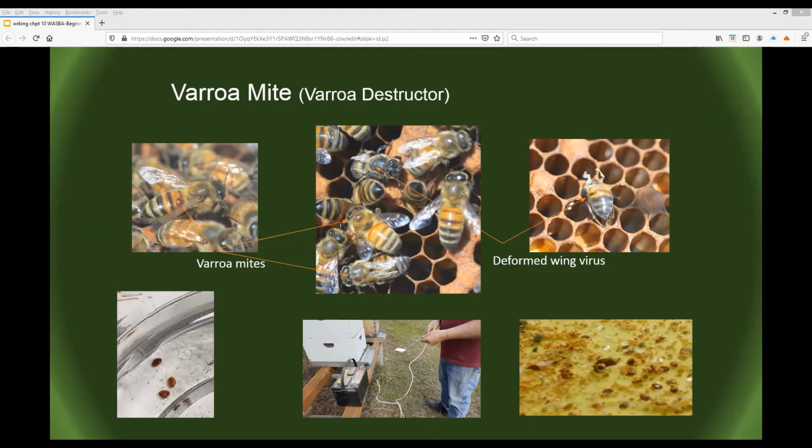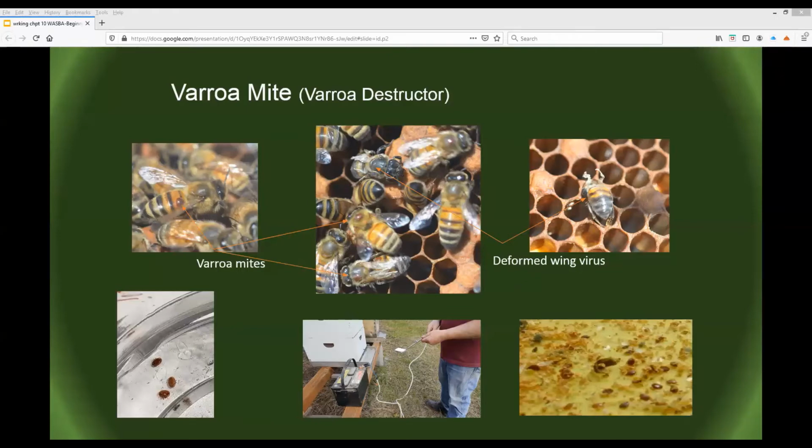What they're talking about is drone comb, which is a little larger than the worker bee comb, and you can get foundation that promotes the production of drones with a bigger cell size.